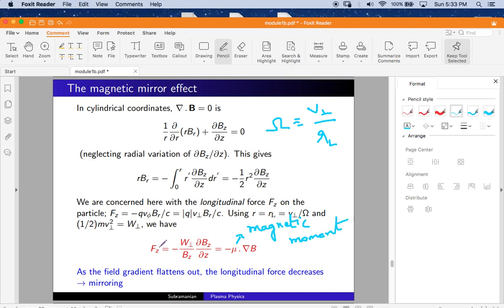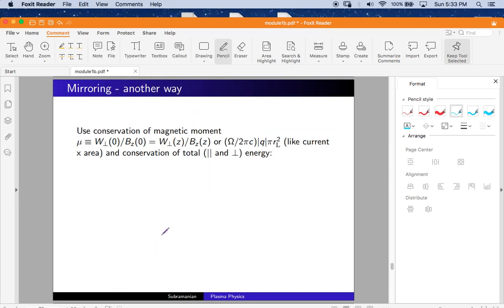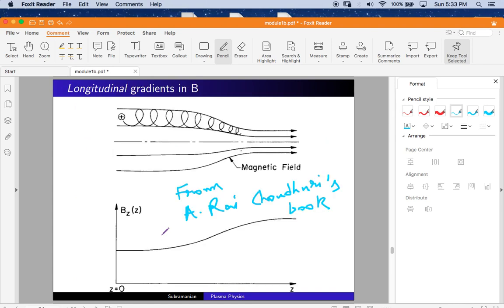As the particle is spiraling this way, by virtue of the fact that there is a non-zero dB_z/dz, there is a force on the particle in this direction.